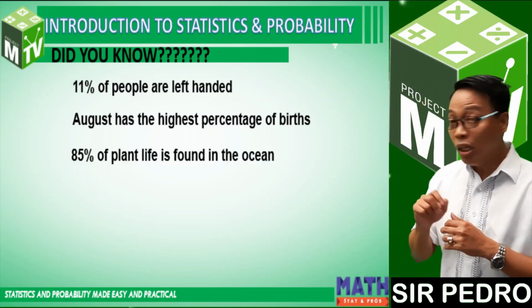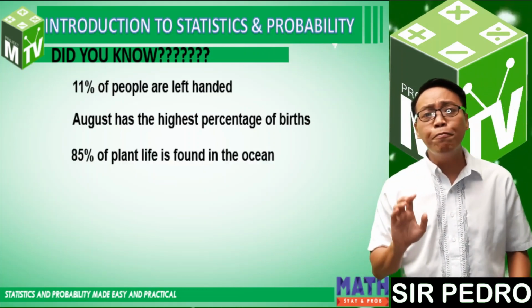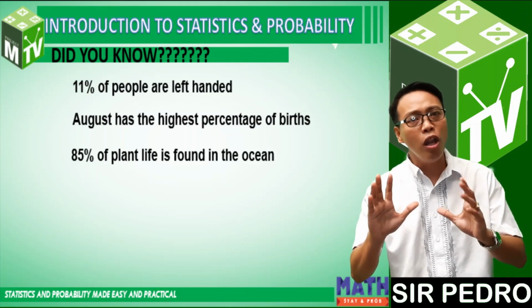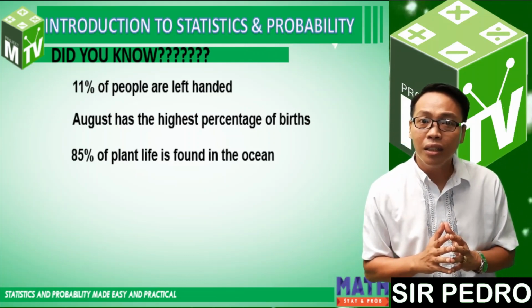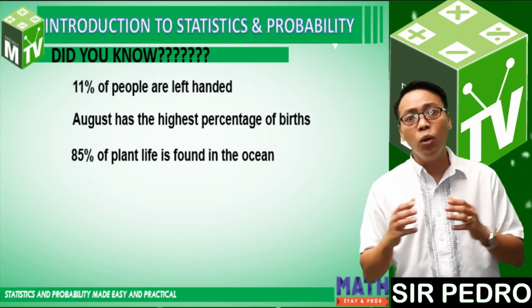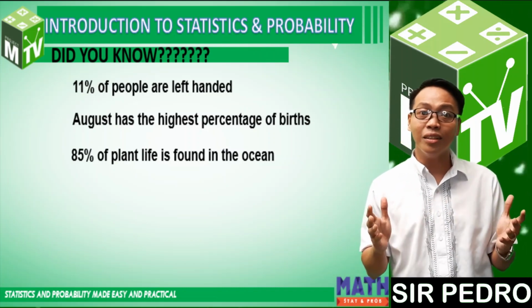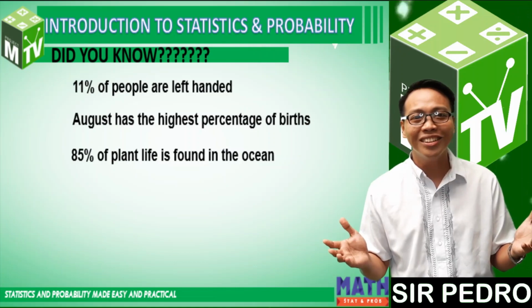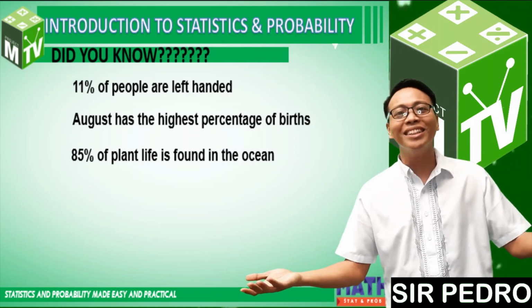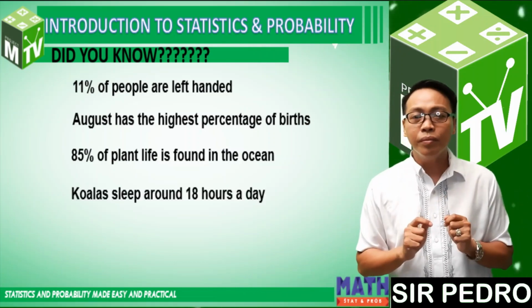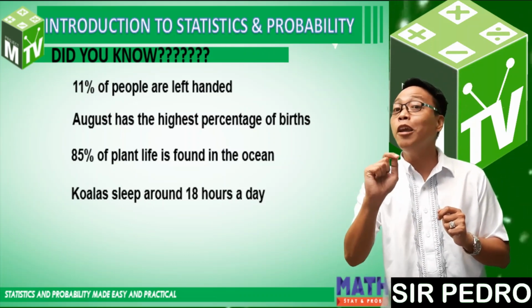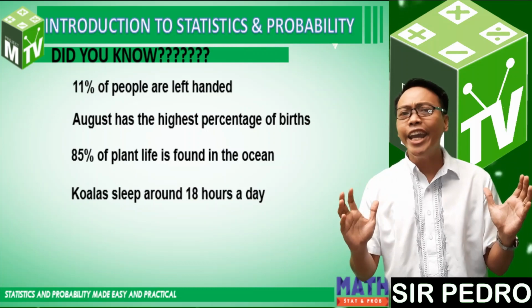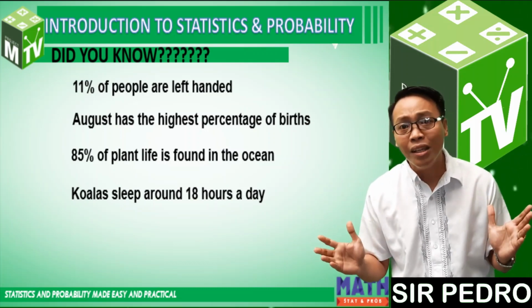Moreover, don't you know that 85% of all plant life is found in the ocean? That's why most of the ocean parts are yet to be explored. Let's go to animals. Don't you know that koalas spend 3/4 of the day, or 18 hours of the day, sleeping?